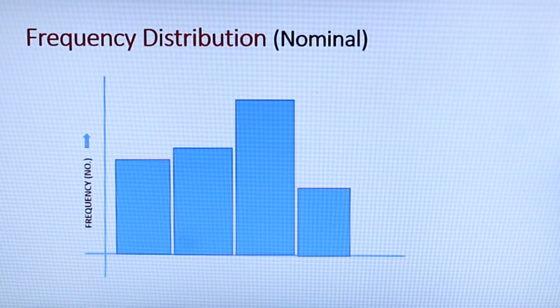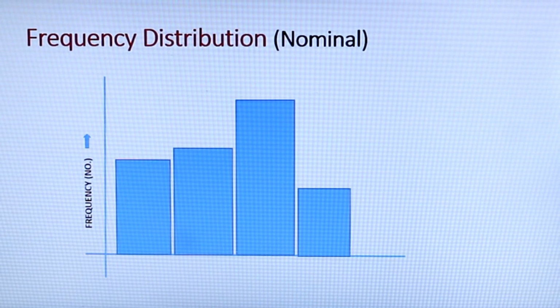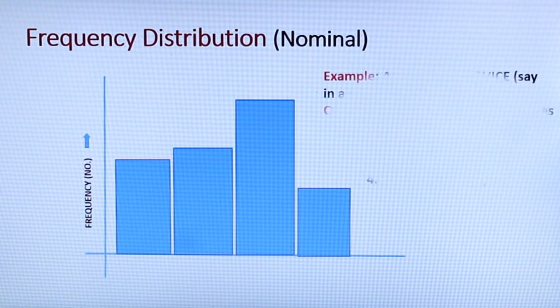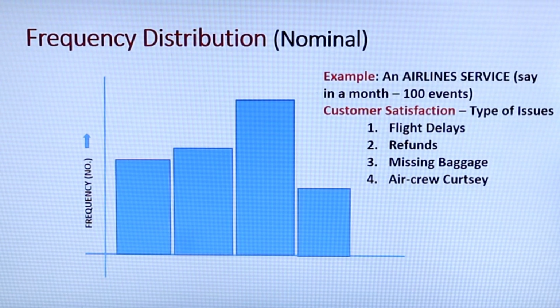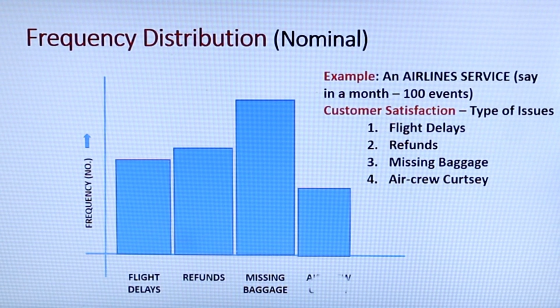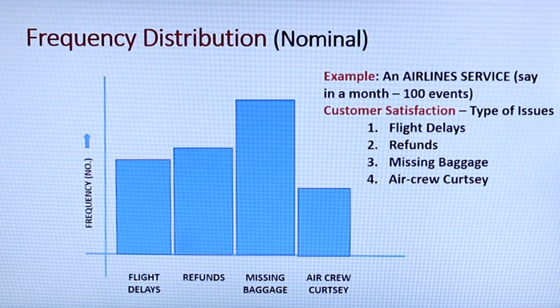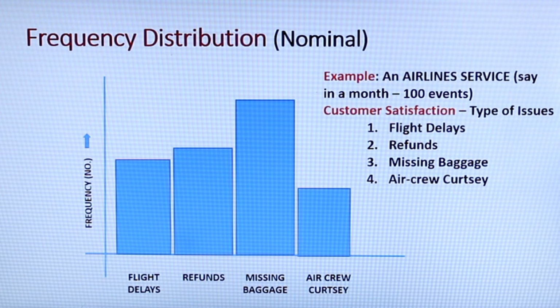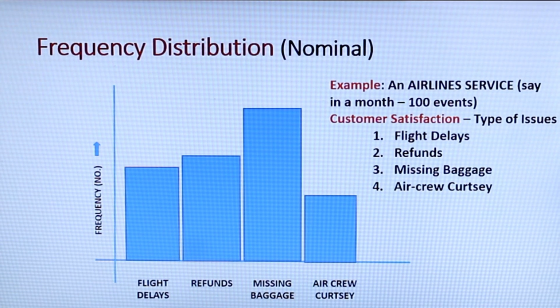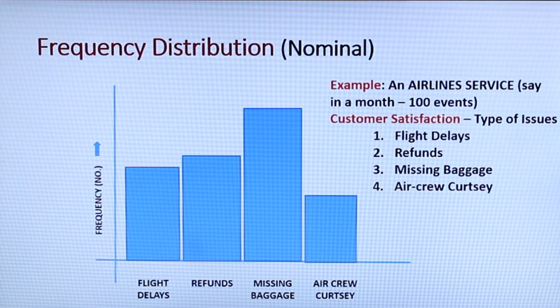Let us take an example about frequency distribution, how they get formed. I have considered an example, an airline's defaults. In terms of customer satisfaction, about one month's data has been assimilated and 100 events considered in that. These are flight delays, refunds, missing baggage and aircrew courtesy.